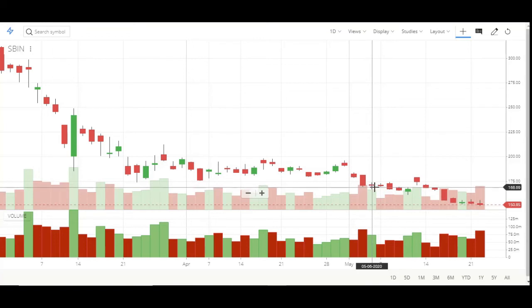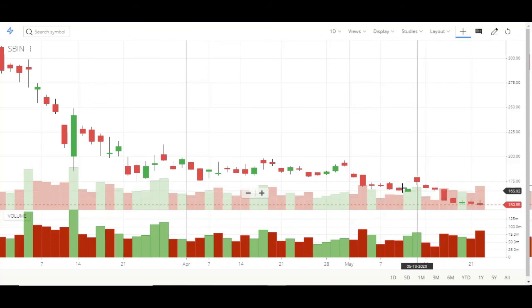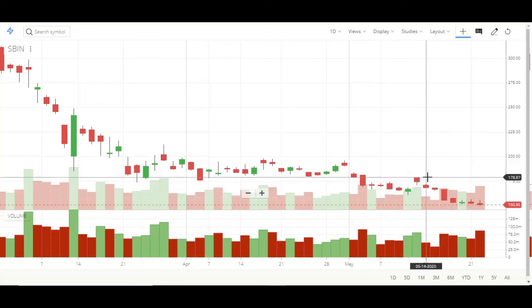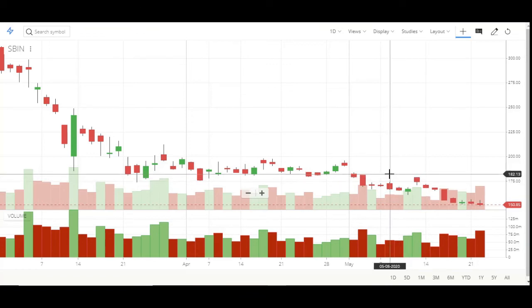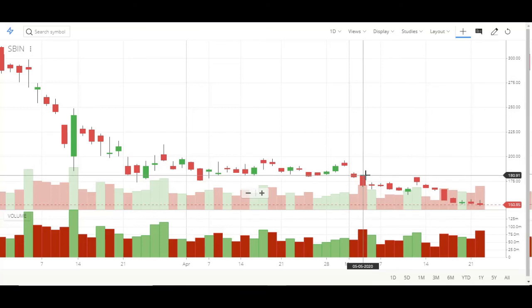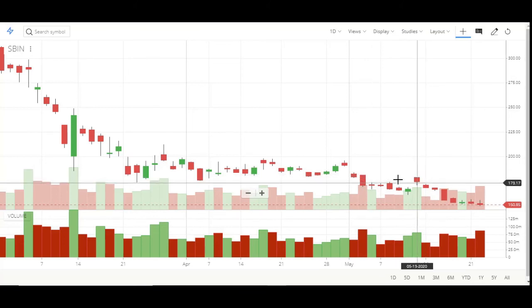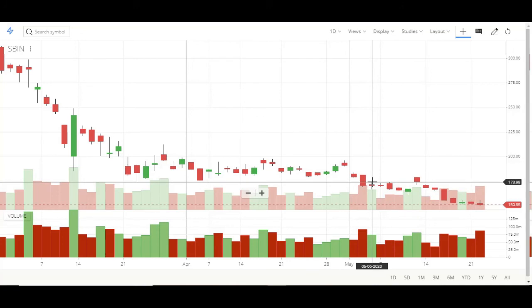After taking the trade, the stock price kept moving. Even though it moved higher, near 178, we maintain the stop loss at the high of the Marubozu candle, around 180, so there is no stop loss hit. As I mentioned earlier, you should wait for the profit or the stop loss, so we stay in the trade.